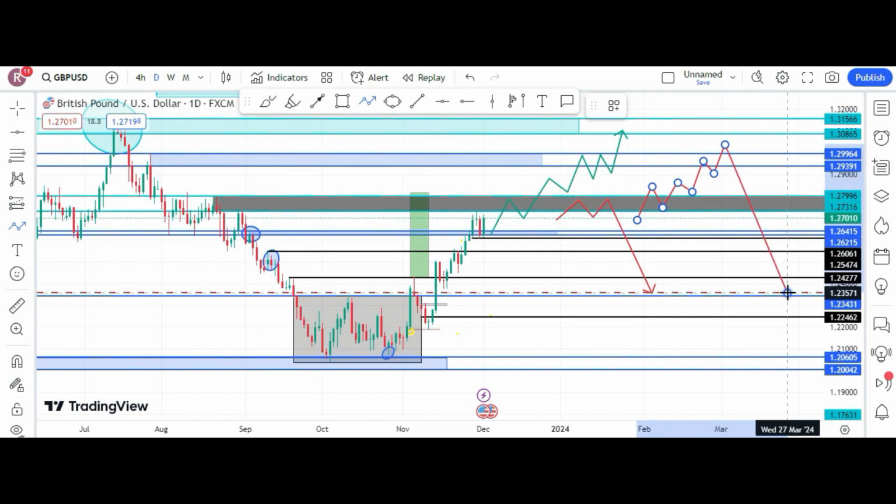So these are the two possibilities for USD JPY so far as I understand. Let's see how the coming weeks unfold the market, but please do not take any trade until you have price action here to confirm.